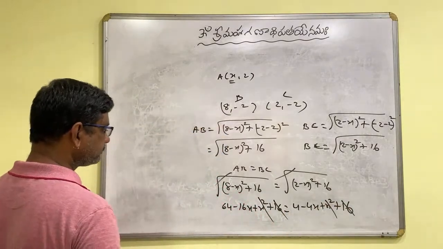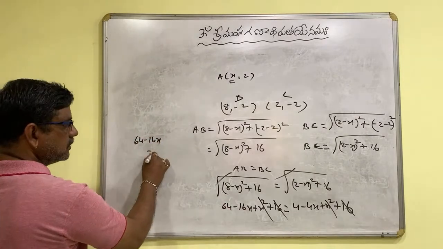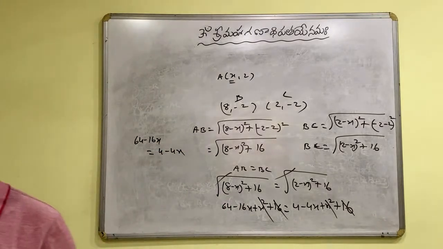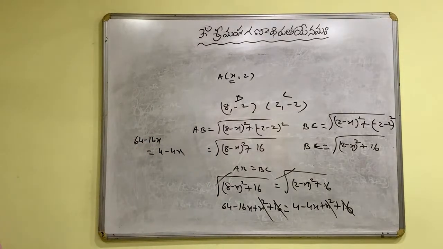What is remaining? 64 minus 16x is equal to 4 minus 4x. I think you can find out x value easily. You can calculate x values easily. This is another model, equidistance model.